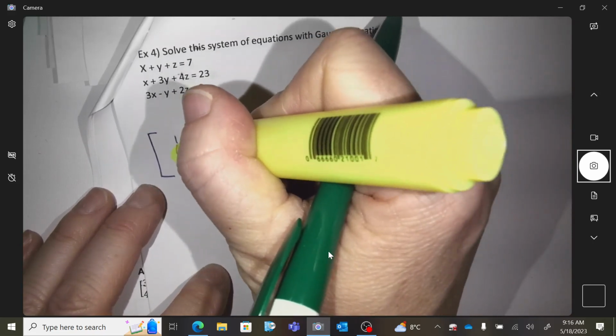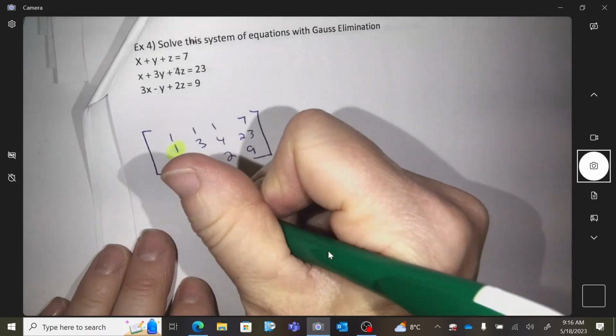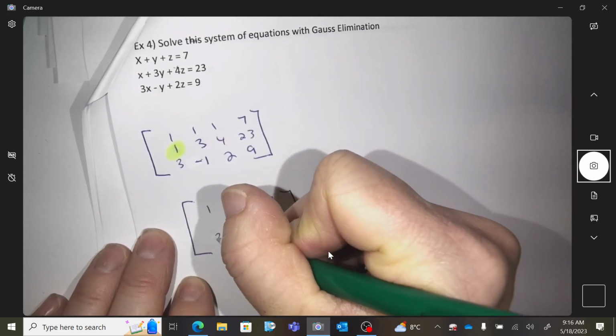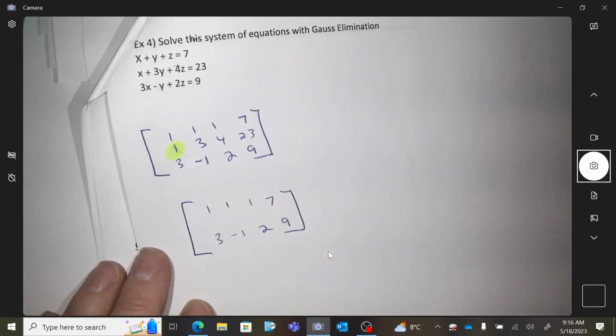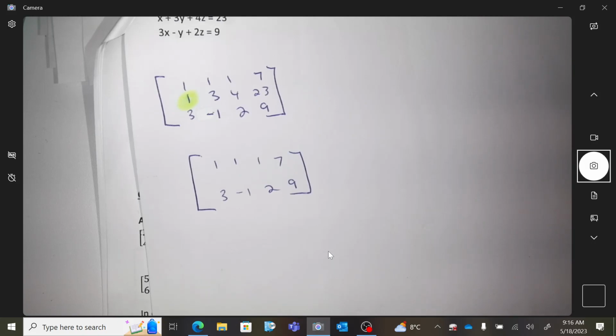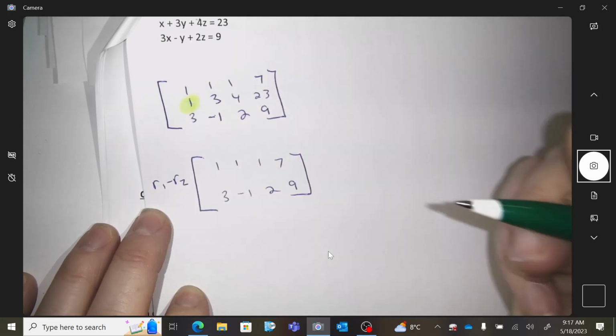Okay, here we go. There's my first attack. So again, I'm just going to do a copy. Copy the first, copy the last. Okay, how do I get rid of that one? What do you want to do? I think row 1 minus row 2. Would that be good?